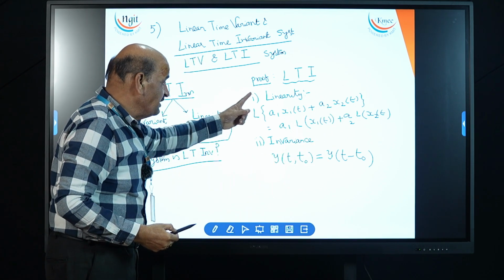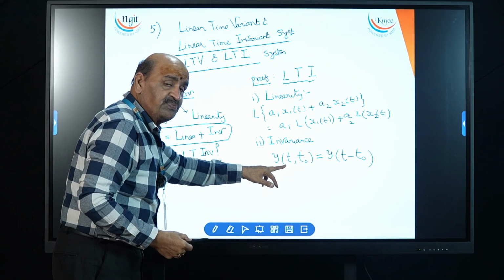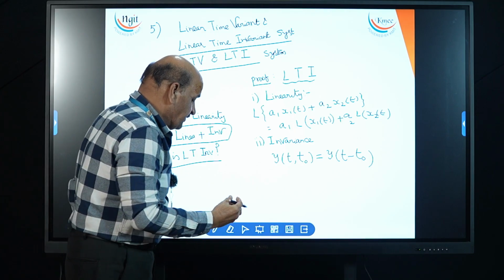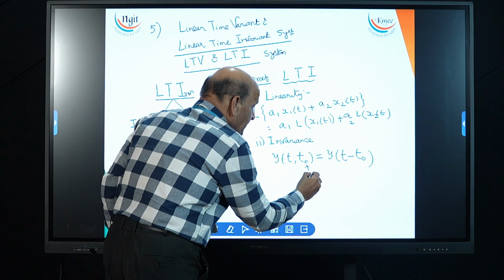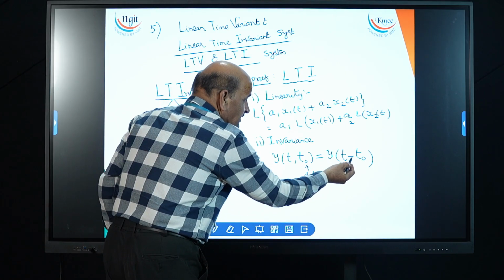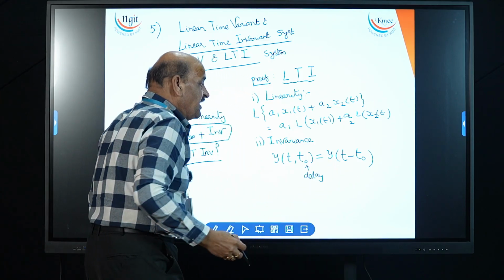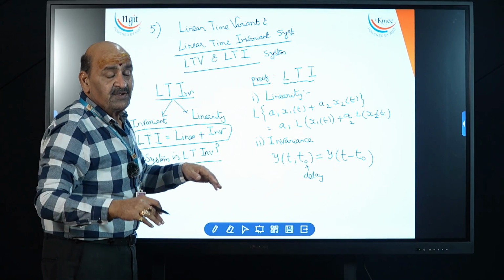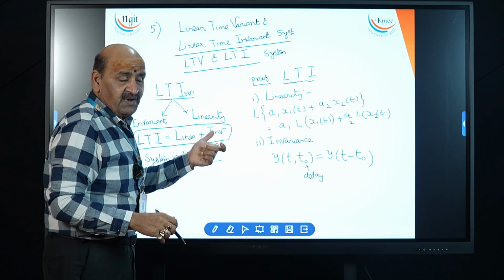That is linearity property. Time invariance means what? For any given signal y of t, if time delay is introduced, t naught is called delay. If delay is introduced, then the output is y of t minus t naught, then it is called invariant.